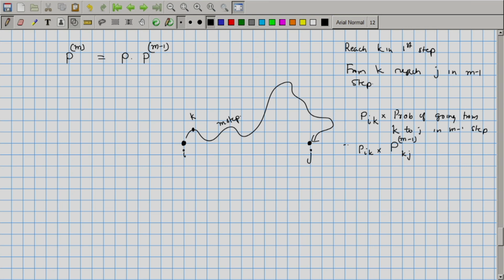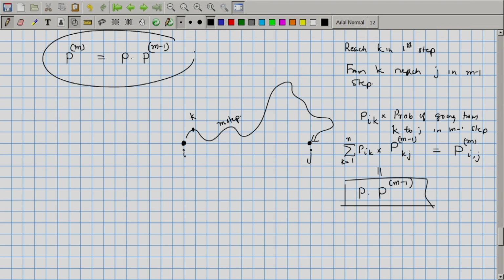The total probability is going to be the sum over all values of k, say if you had n states, k equals 1 to n. This summation will give us the probability, which will be equal to the ijth entry of P^m, and this is just P times P raised to m minus 1 in matrix form. Okay. So, this is what we wanted to show. So, let us see some worked out examples.